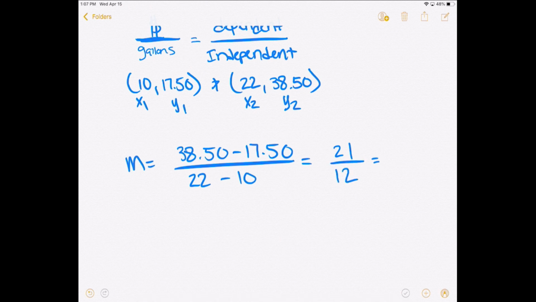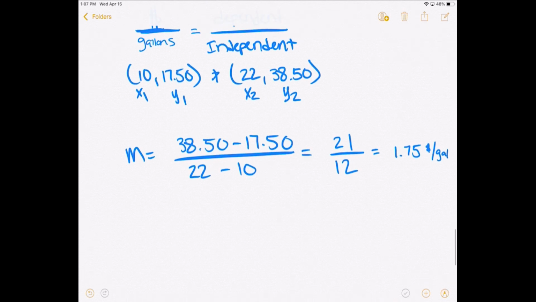Now, since we're talking real-world applications, when we divide these, we're going to go ahead and let it be a decimal because it's real-world. So when I do this division, I get $1.75 per gallon. That's a real-world application of slope. A gallon of gas is $1.75 per gallon.